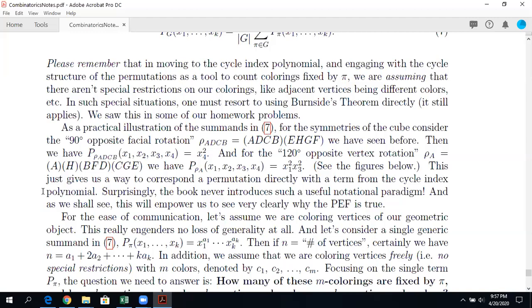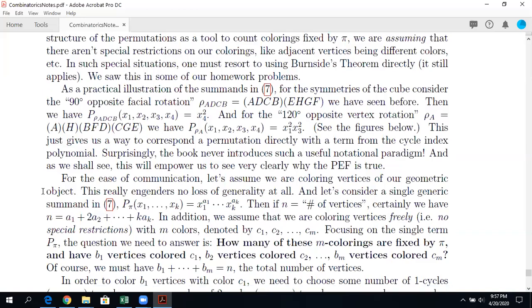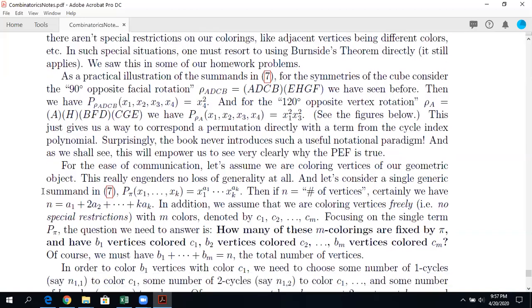So this notation gives us a way to go back and forth between terms of the cycle index polynomial and individual permutations. I don't know why, but the book never actually does that. They just use this ad hoc approach all the time. So I think it's pretty helpful to have this particular notation in our back pockets, and it's going to help us really understand why the Polya enumeration formula is true.